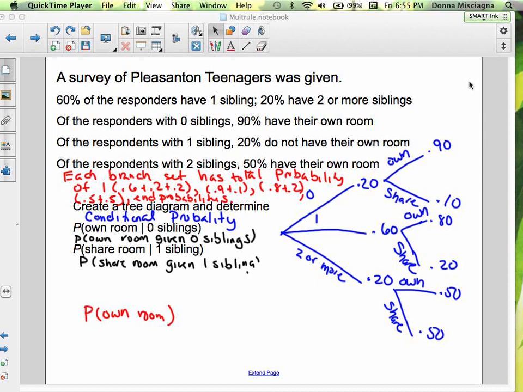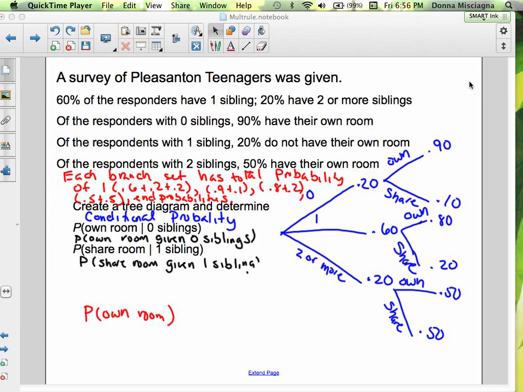In other words, when we look down the first branch set, 0.2, 0.6, 0.2 adds up to 1. Each branch set off of each of those probabilities also adds up to 1: 0.9 plus 0.1, 0.8 plus 0.2, 0.5 plus 0.5.